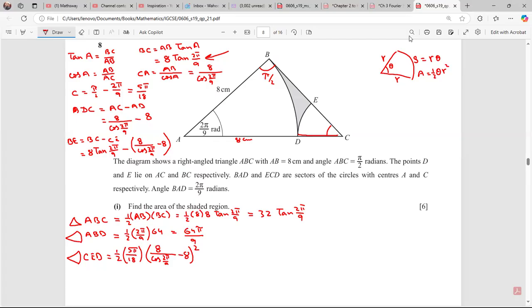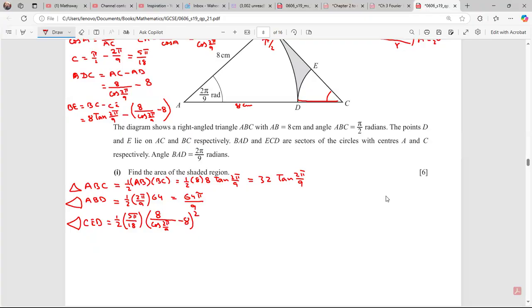So now the total area of the shaded region. This is area of the triangle ABC minus area of the sector ABD minus area of the sector CED.